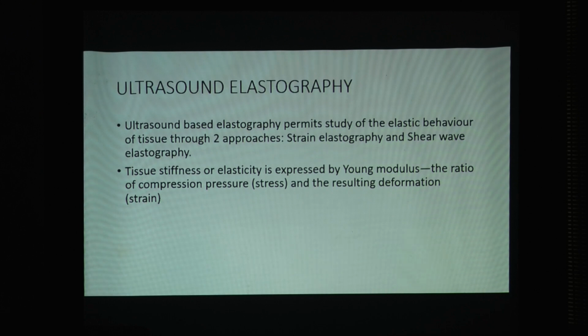Ultrasound based elastography permits study of the elastic behavior of tissue through two approaches: strain elastography and shear wave elastography. Tissue stiffness or elasticity is expressed by Young modulus, the ratio of compression pressure, that is stress, and the resulting deformation, strain.